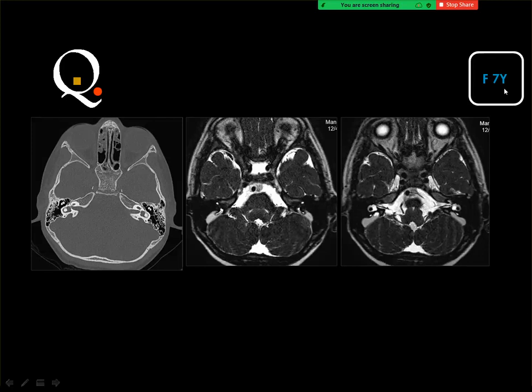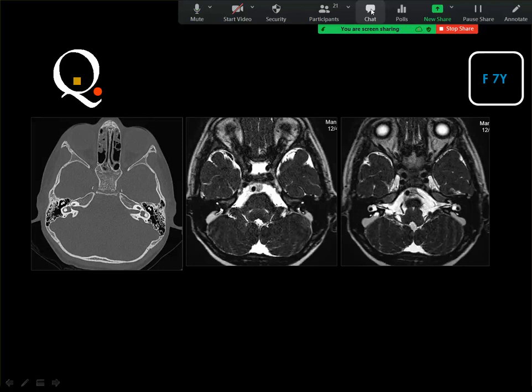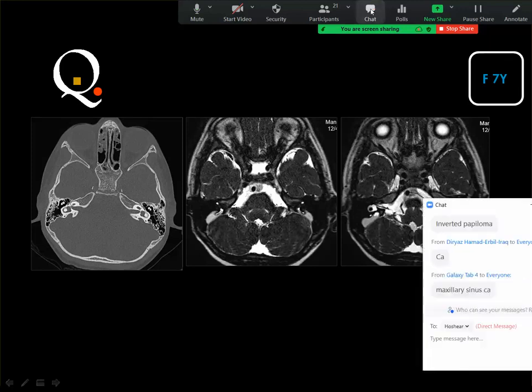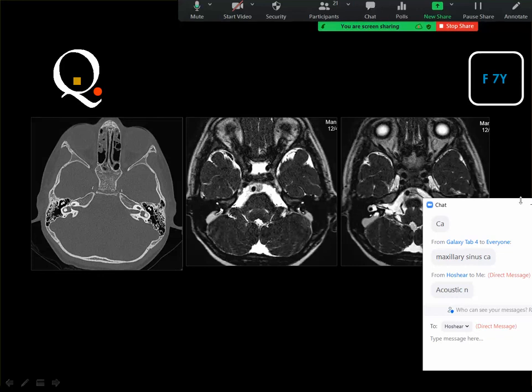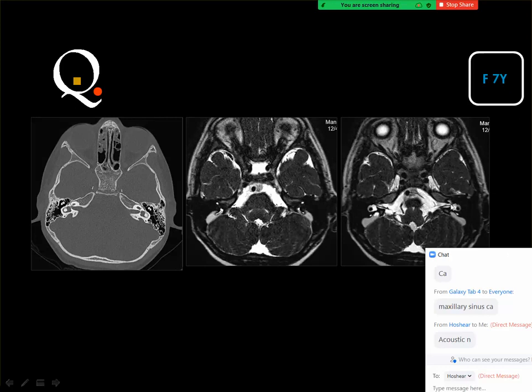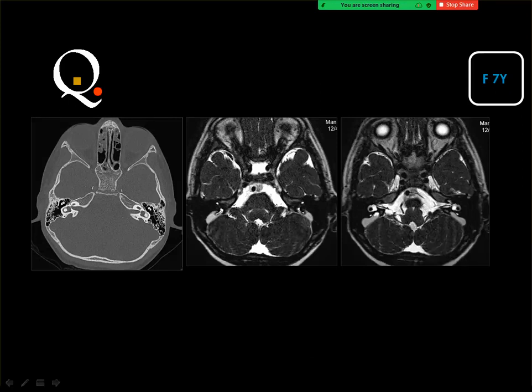This child, 7 years old, had bilateral sensory neural hearing loss. No, this is not acoustic neuroma. The internal auditory canals are patent, and then the nerves inside are well demonstrated. Endolymphatic sac, this is right.